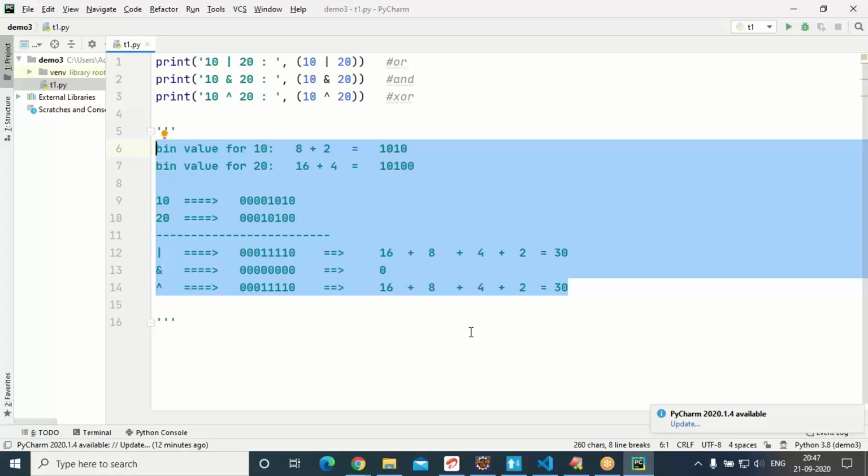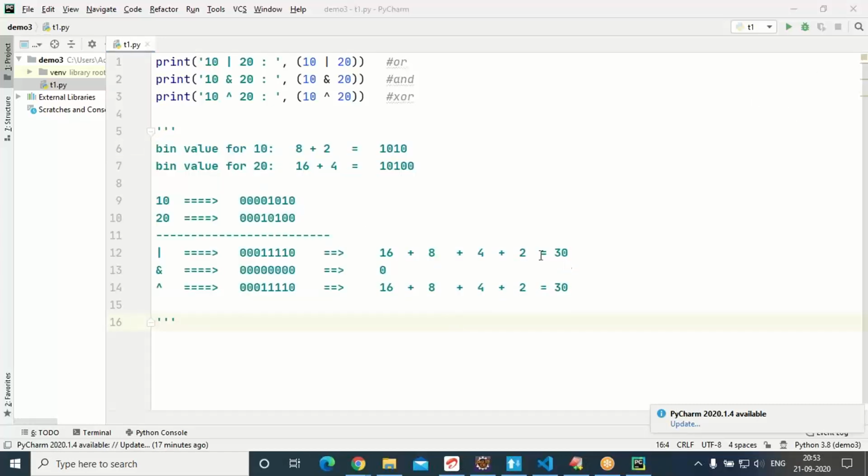Finally, how are we getting the results 30, 0 and 30? Please observe the binary value for 10: 1010. 10 can be considered as 8 plus 2. 2 is with a 1 and 8 is with another 1. 20 is considered as 16 plus 4. This is the binary conversion for 20.